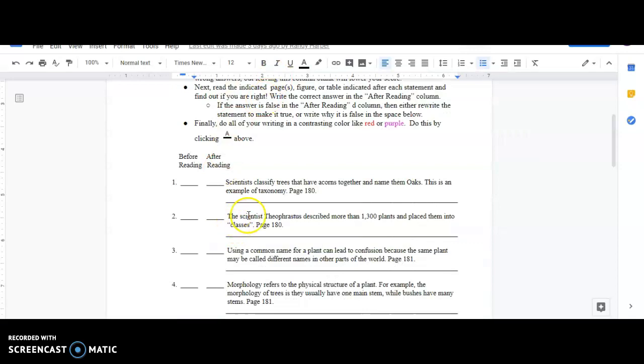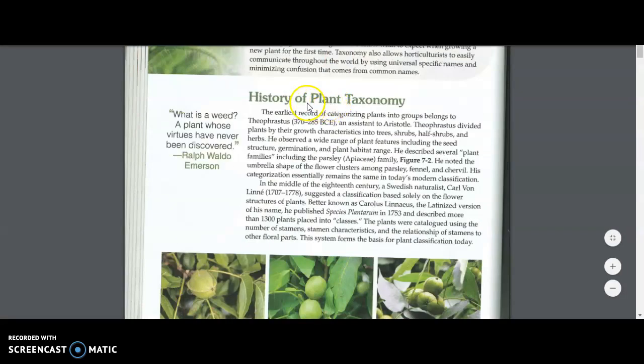Number 2 says the scientist Theophrastus described more than 1,300 plants and placed them into classes. This will be found on page 180. History of plant taxonomy. The earliest record of categorizing plants into groups belongs to Theophrastus, an assistant to Aristotle.